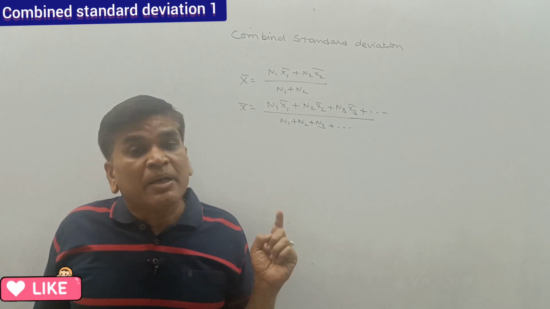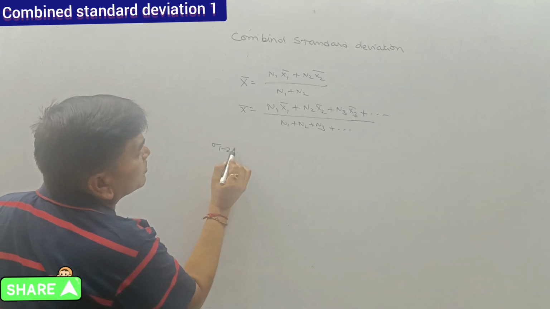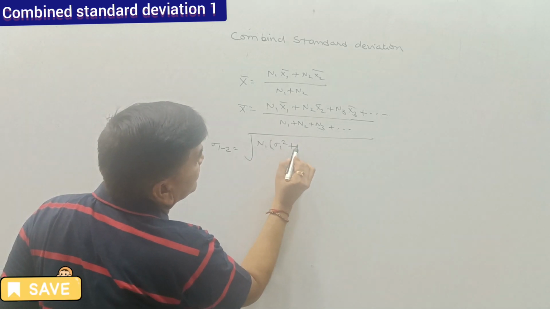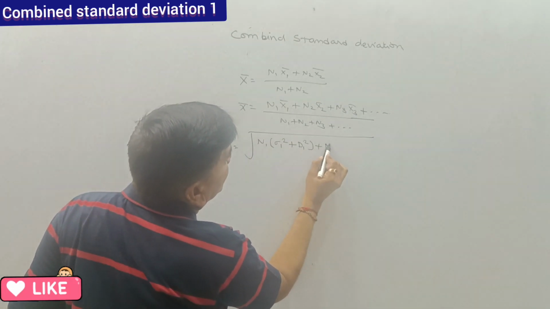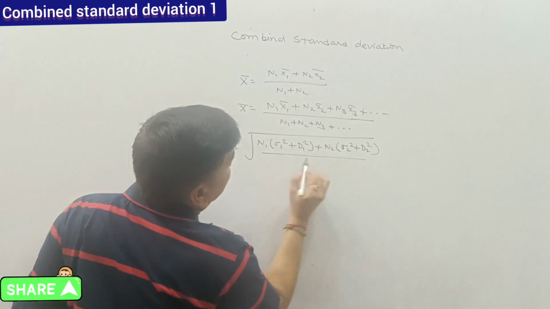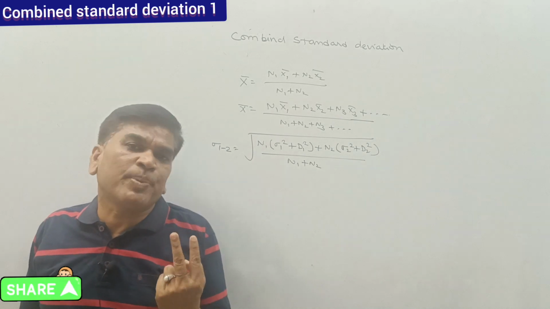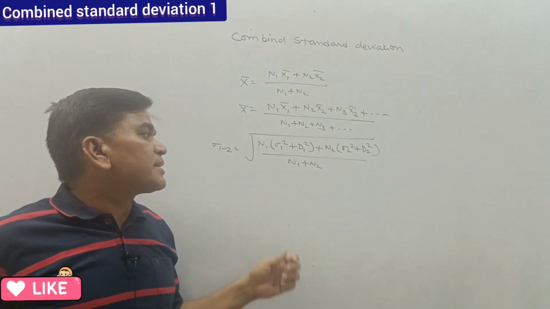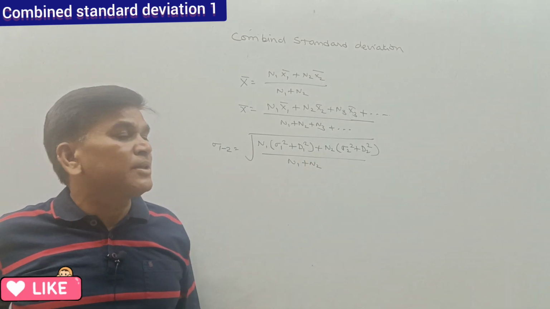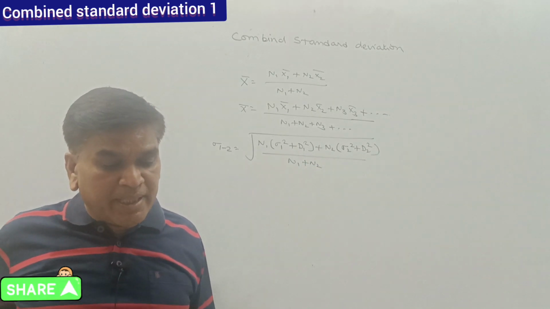Now the combined standard deviation. Suppose we have 2 parts, 1 and 2, then the formula is: the square root of n1 times sigma 1 raised to power 2 plus d1 raised to power 2, plus n2 times sigma 2 raised to power 2 plus d2 raised to power 2, divided by n1 plus n2.